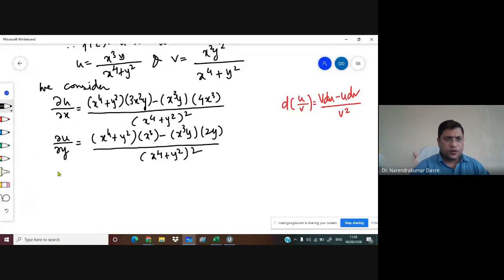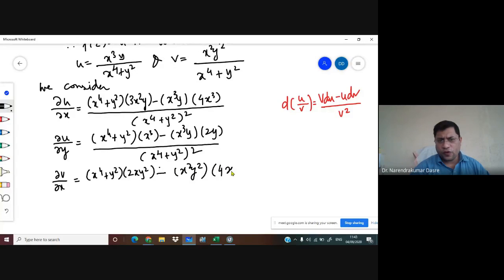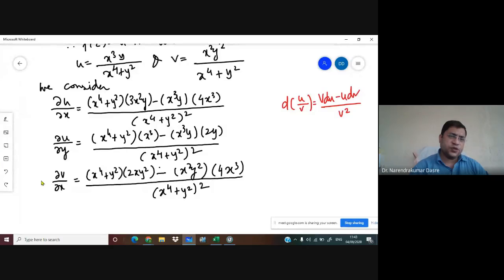So we have the derivative of v with respect to x is equal to x raised to 4 plus y square into 2x y square minus x square y square into 4x cube upon x raised to 4 plus y square bracket square. Okay, so that's the derivative of v with respect to x.